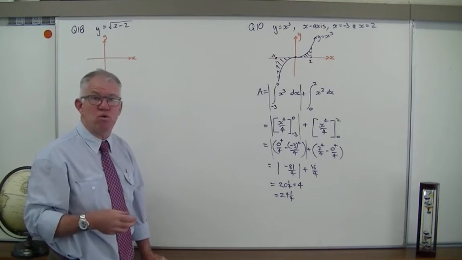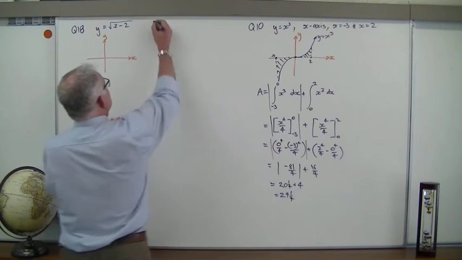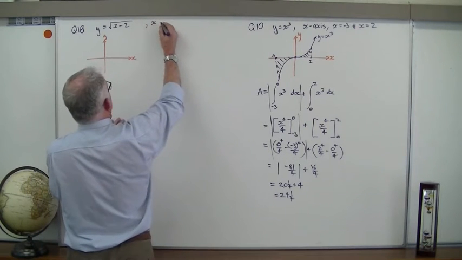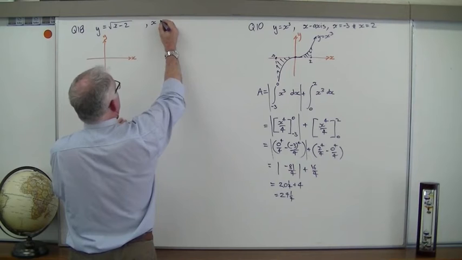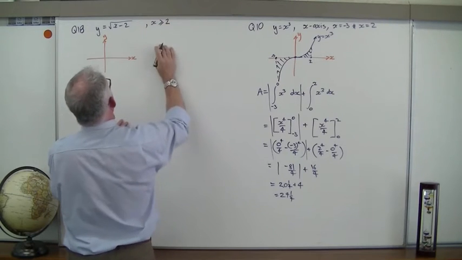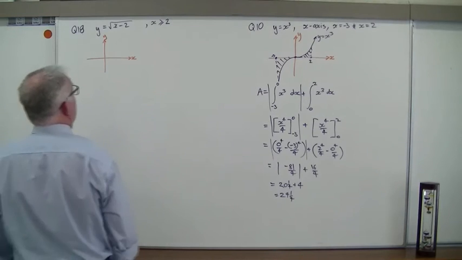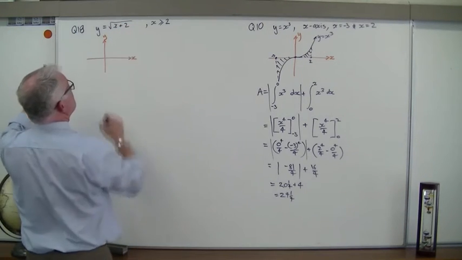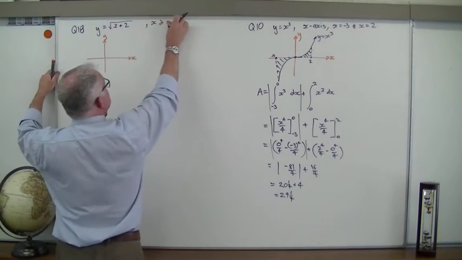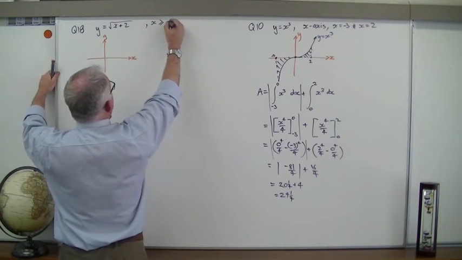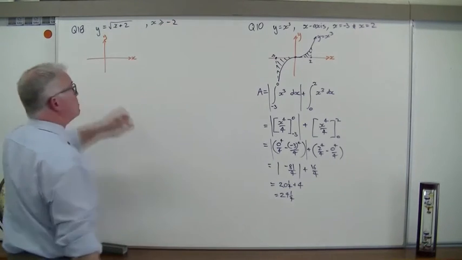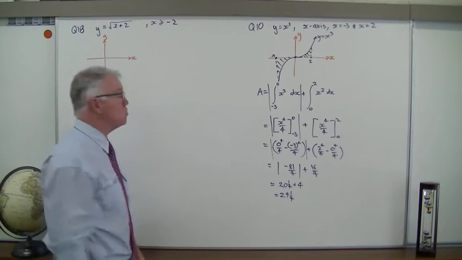It's got to be 0 or greater than 0. So that means for this, x has got to be greater than or equal to 2. Have I written that correctly? I haven't. This is meant to be a plus sign, so x has to be greater than or equal to minus 2.